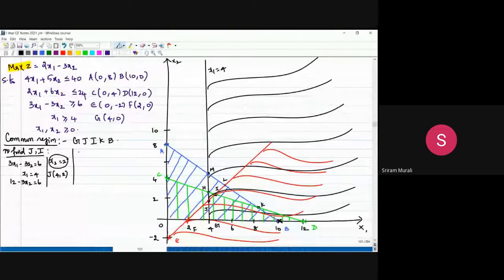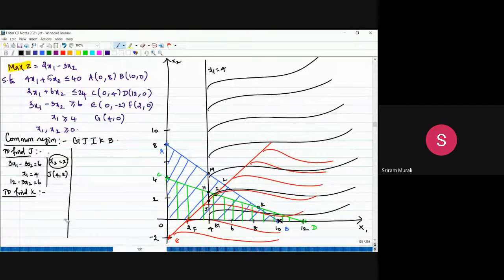Okay. What is the next point of intersection? This is to find G. This is to find J. Next, to find K, what do I have to do? To find K, you have to solve the first two equations.